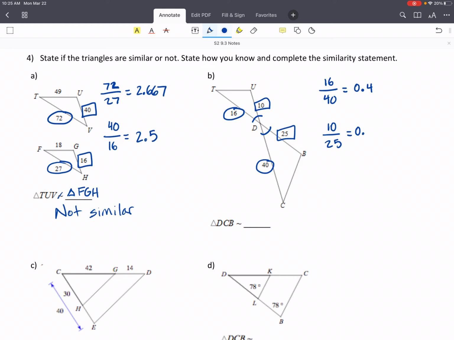And we get the same thing. Nice. So these ones are similar by side, angle, side similarity. And now if I'm to write my statement, DCB, which means if I follow the same pattern, it's going to be DTU.